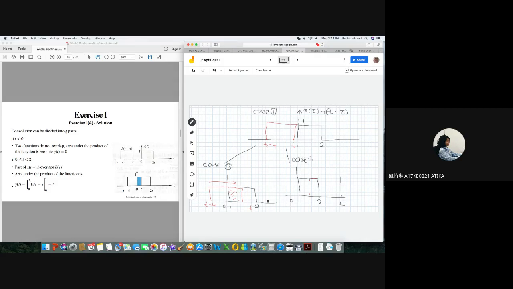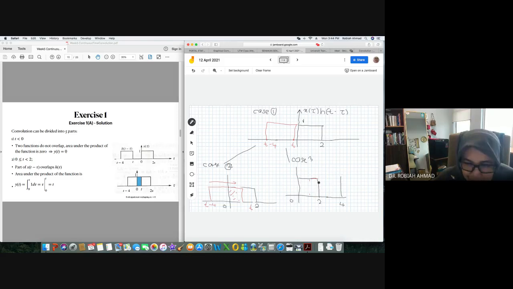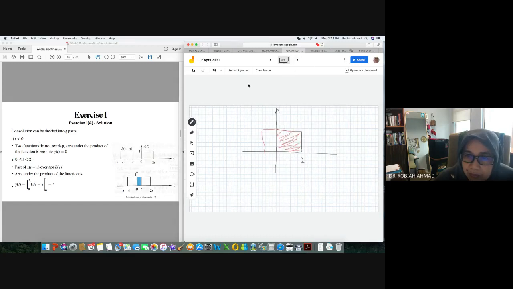Is it? 1 unit on the x-axis. When it moves until it meets here. I draw it slowly, and then it moves again until 4, because it is big.